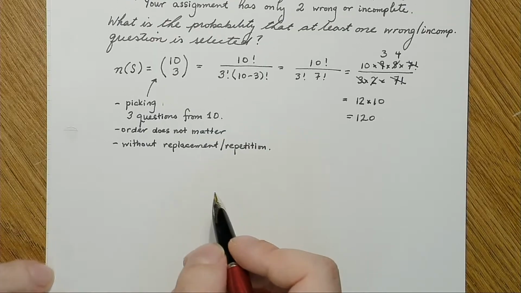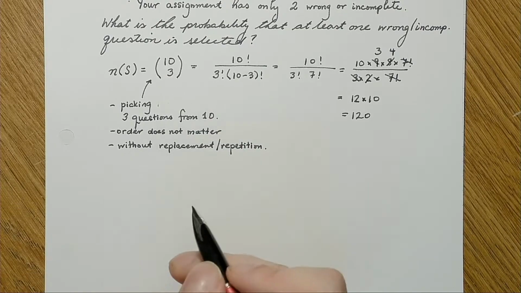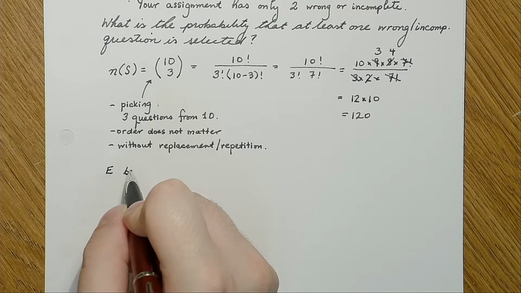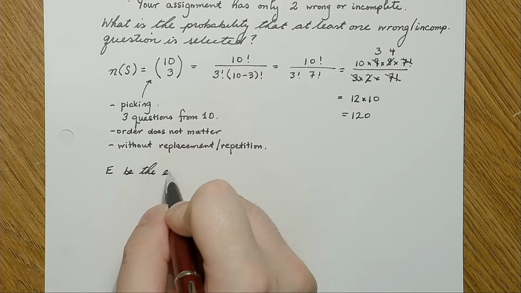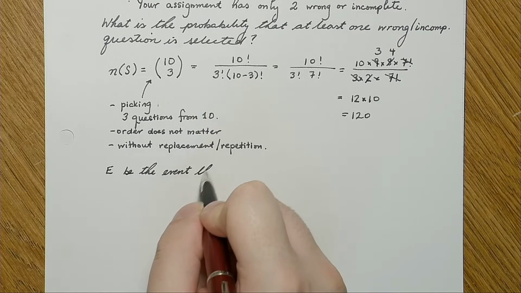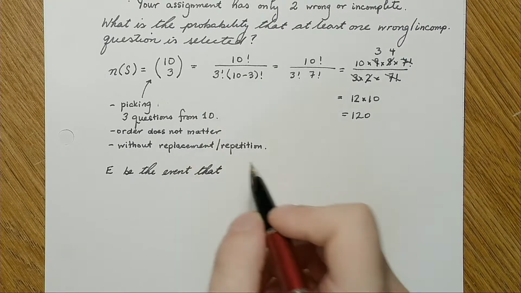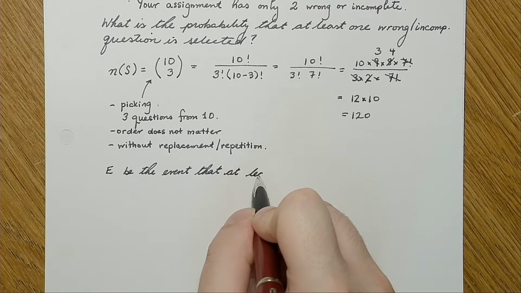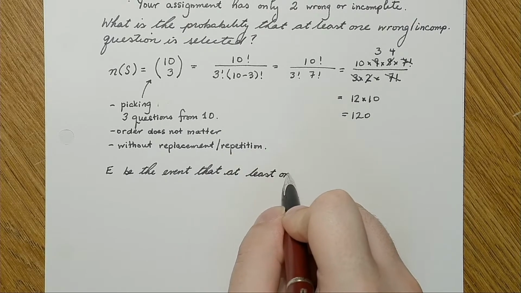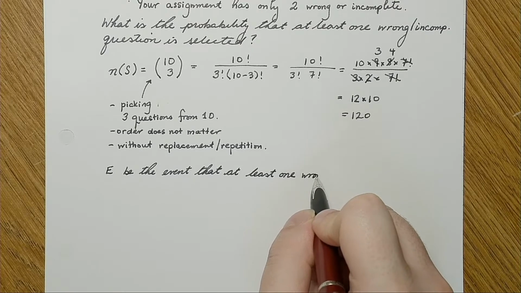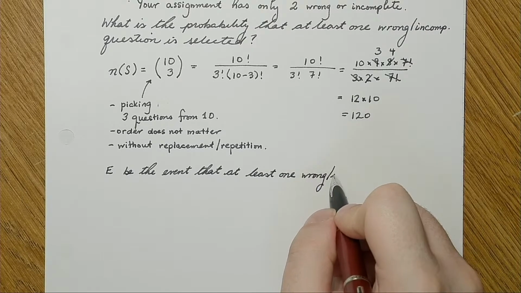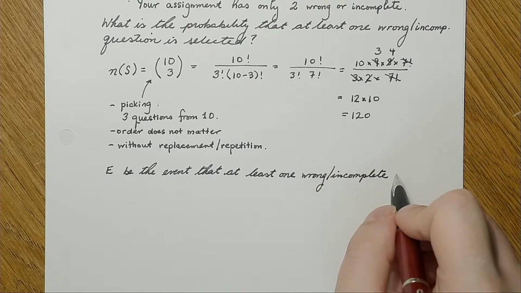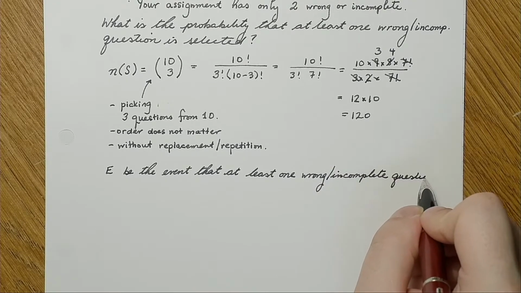Okay, so now we need to calculate the cases that we want. So again, we'll let E be the event that at least one wrong, incomplete question is selected.